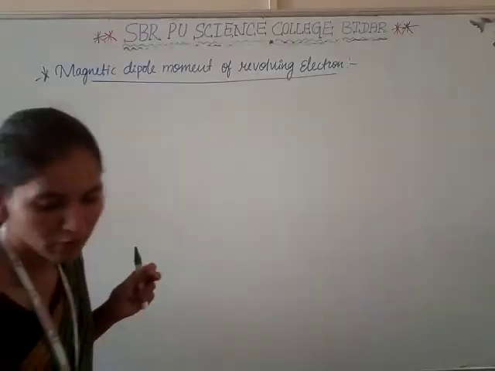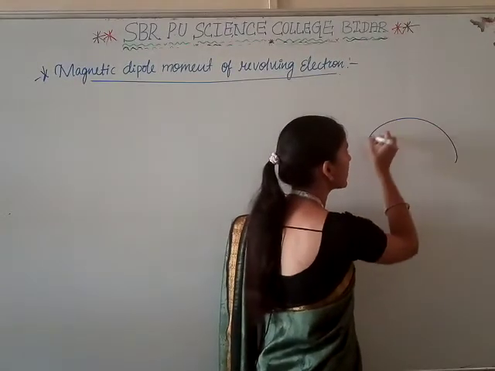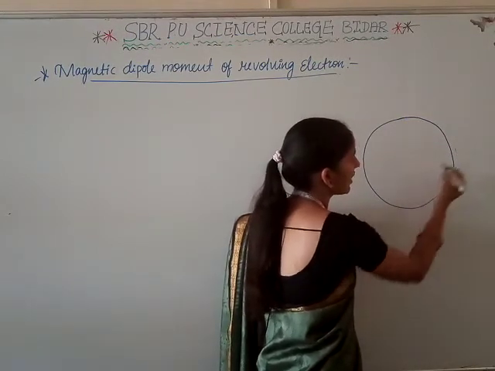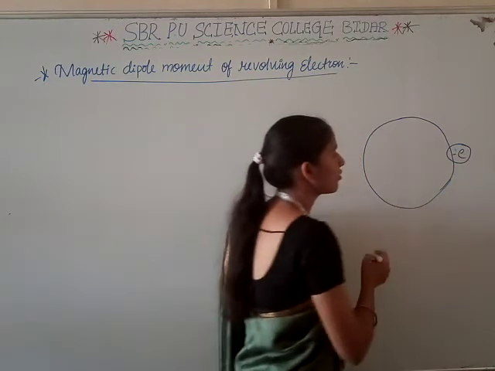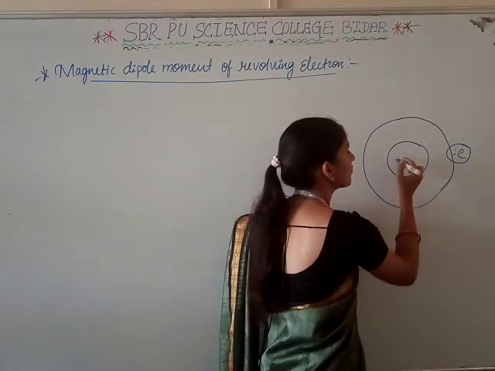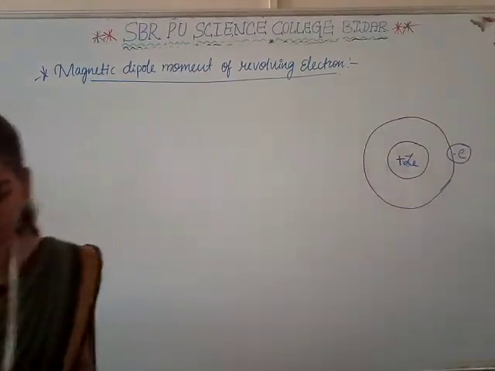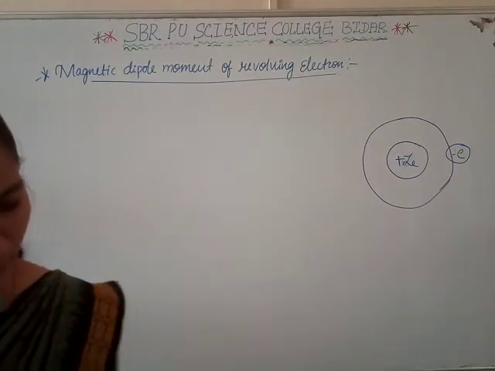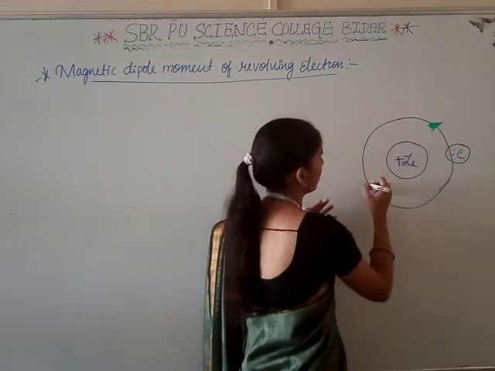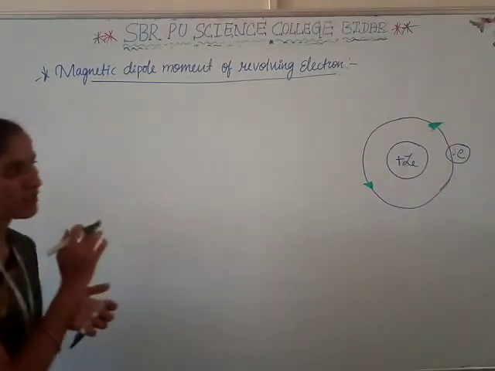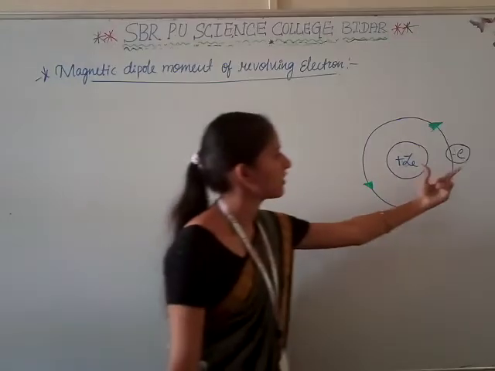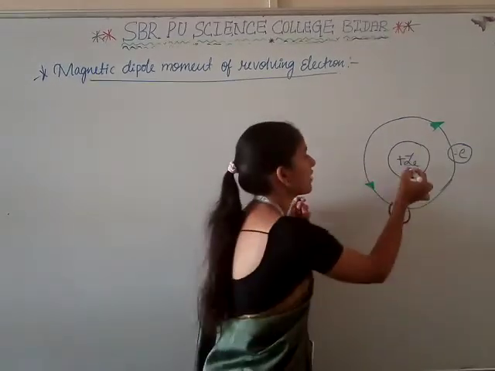According to Bohr's atomic model, the negatively charged electron, represented by minus e, revolves around the positively charged nucleus in an anti-clockwise direction, in a circular motion.